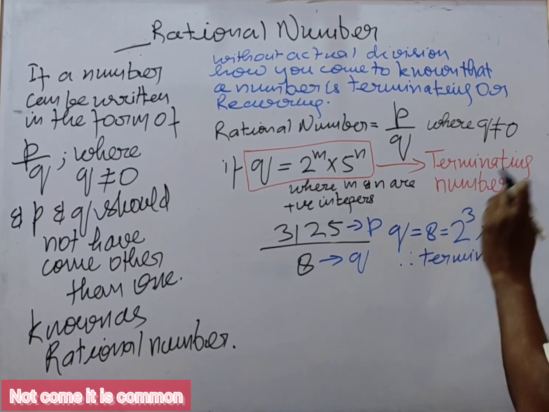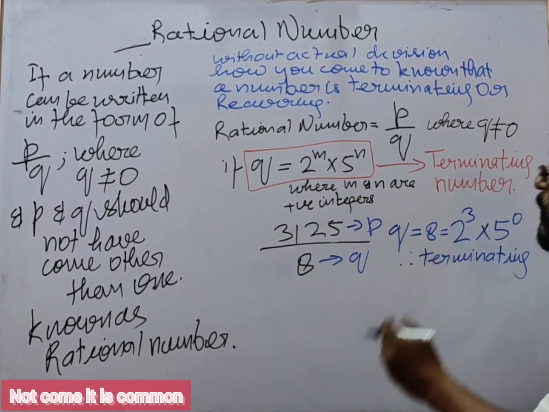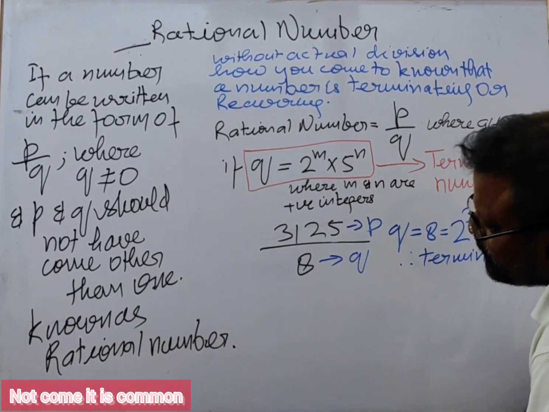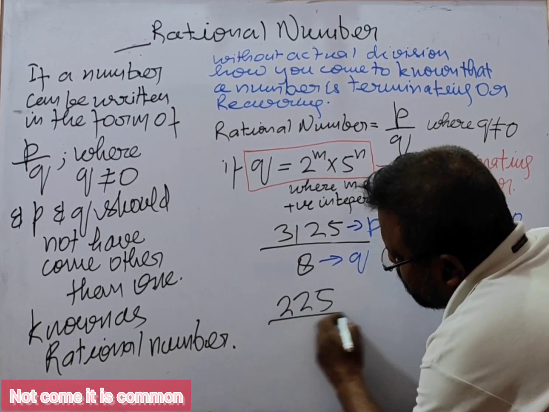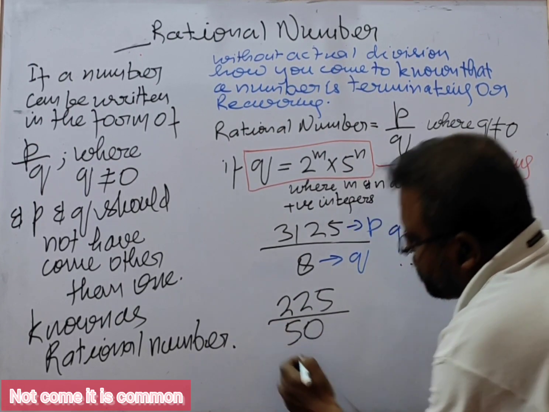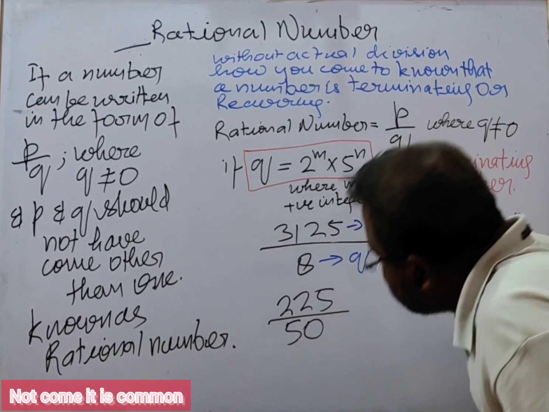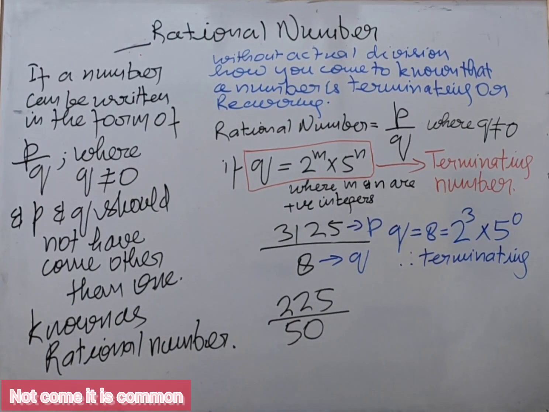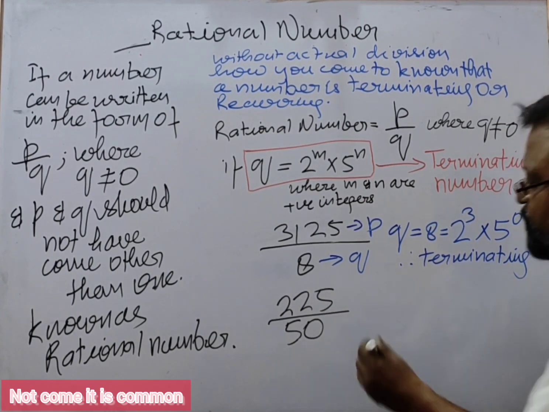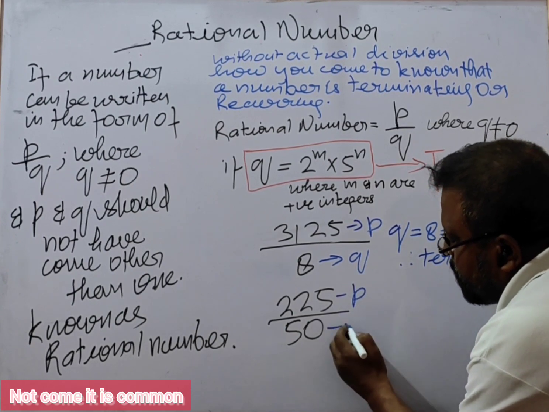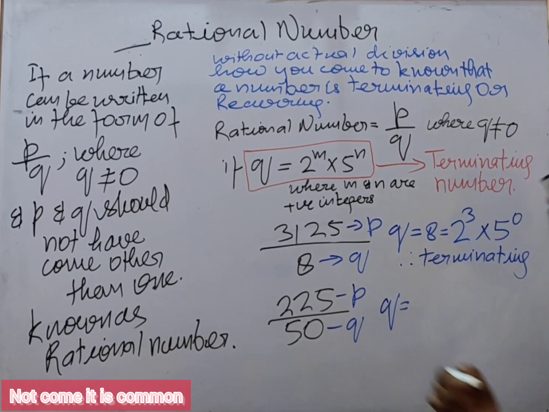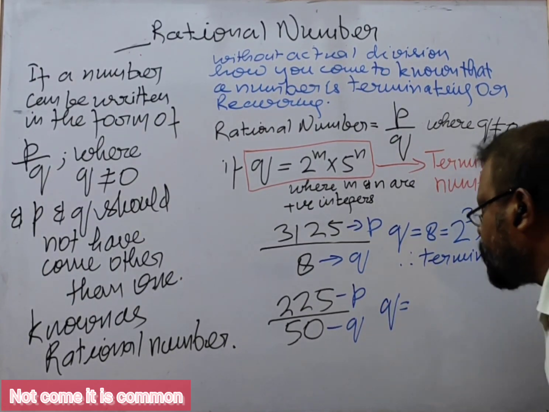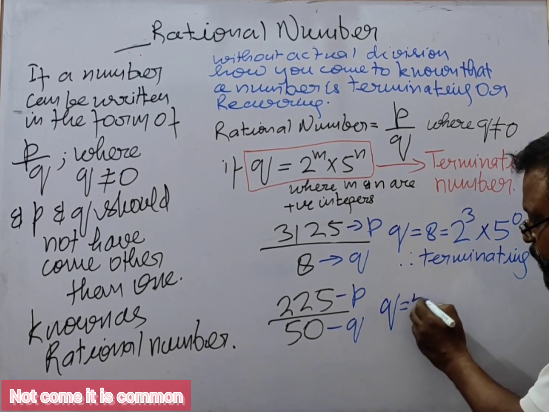If we take one more example, say 225 divided by 50. Here again the logic is the same. This is P, this is Q. And Q is 50.